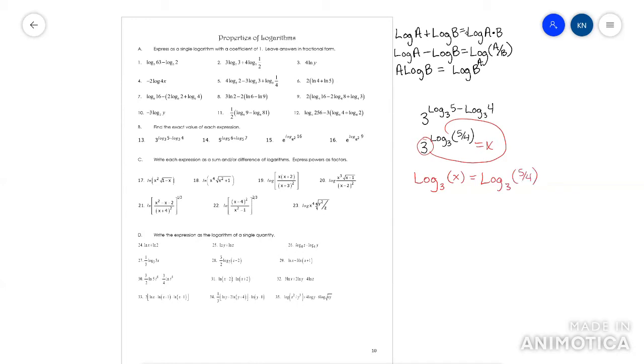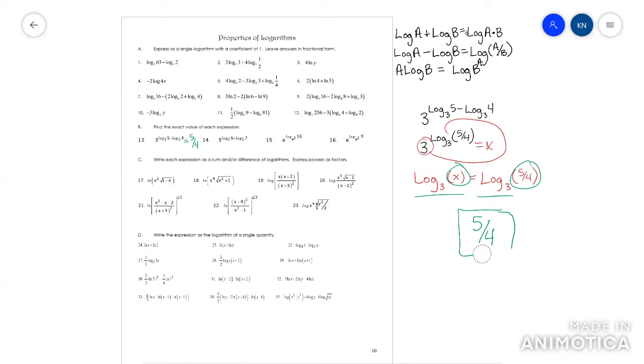So now you can just be like, oh, okay, well, the log base 3, those match. So the parentheses have to match. So this one, the whole answer is just 5/4. Not x equals 5/4 because that x was made up by me. You would just go, okay, that equals 5/4. That has a value of 5/4. So that's how you would do 13.